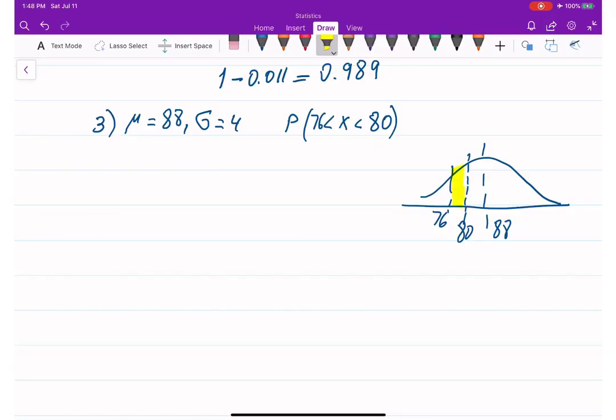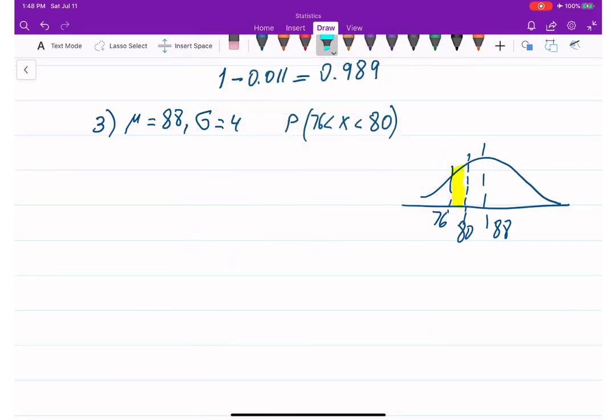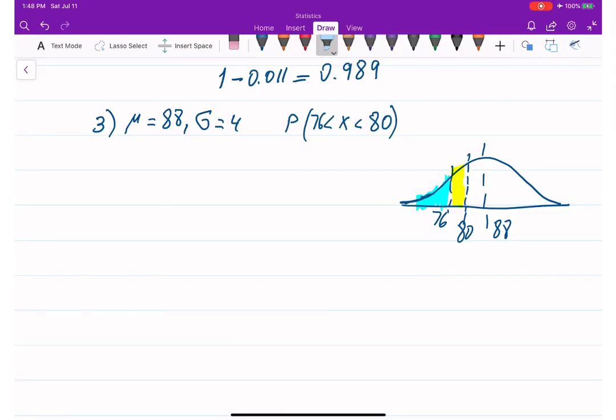So what I'm going to do, my table shows less than, right? So this is what I want to do. I'm going to find less than 76. Let me fix this. This has to go as an asymptote. Okay. Let's say less than 76. I'll find this. Can I? Yes, I can. And then I want to find less than 80. Yes, can I find it?